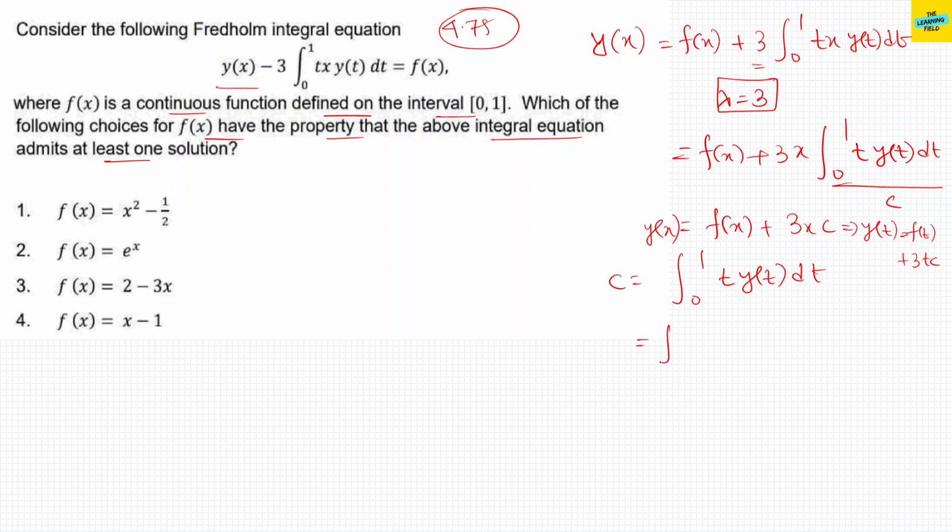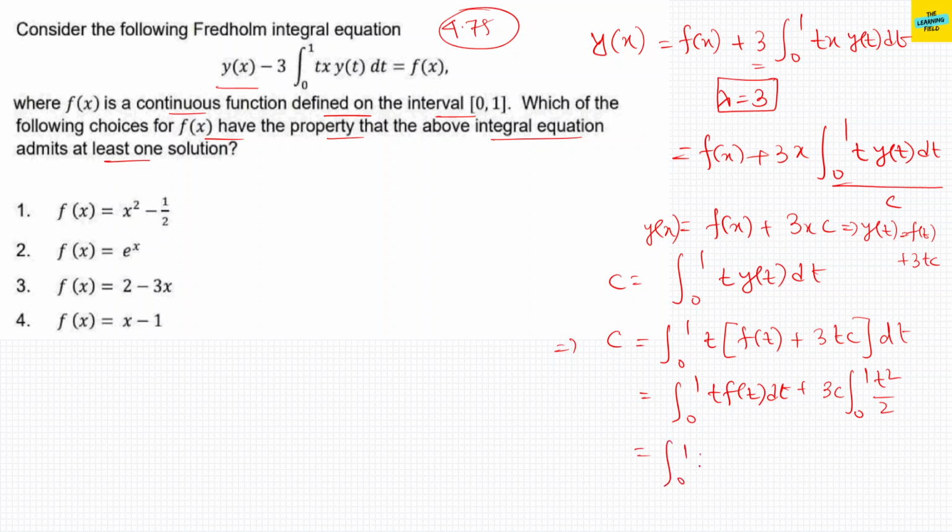Now if we put the value of y(t) into c = ∫₀¹ t y(t) dt, with y(t) = f(t) + 3tc, this implies c = ∫₀¹ t f(t) dt + 3c ∫₀¹ t² dt.